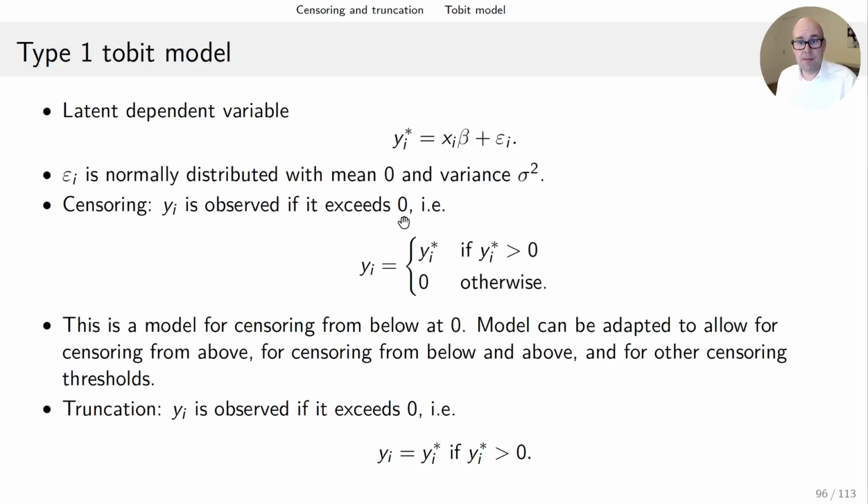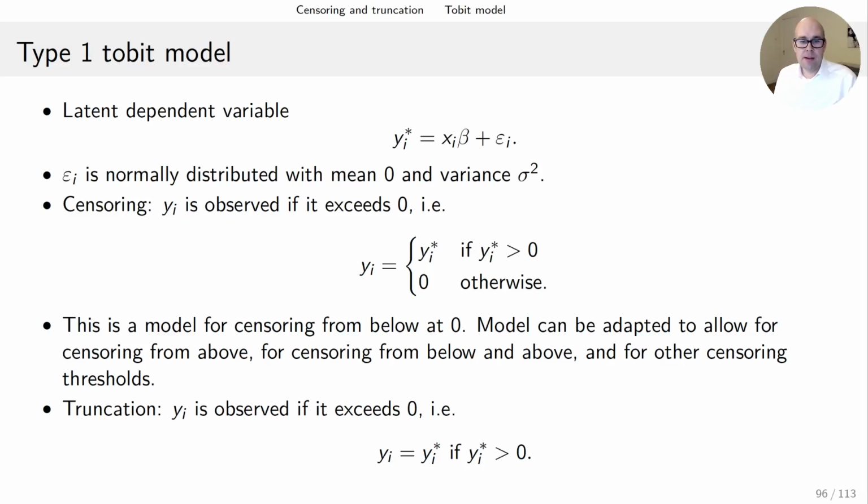So here it's written down for the case that y_i star is observed as y_i if y_i star is bigger than 0, which is written down here. And this is called a model for censoring from below at 0.